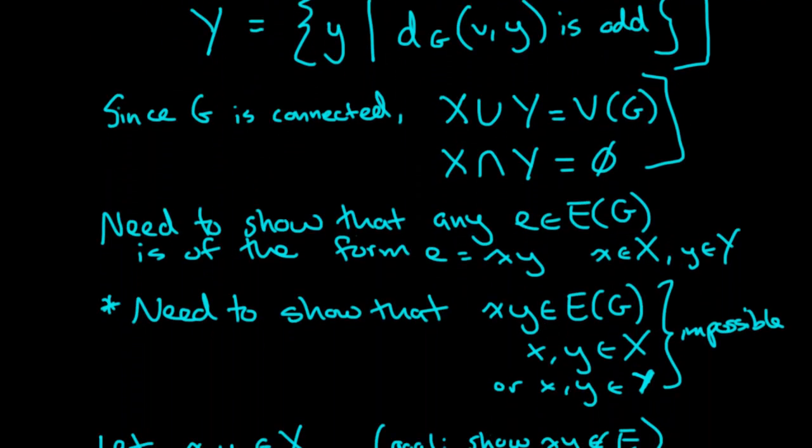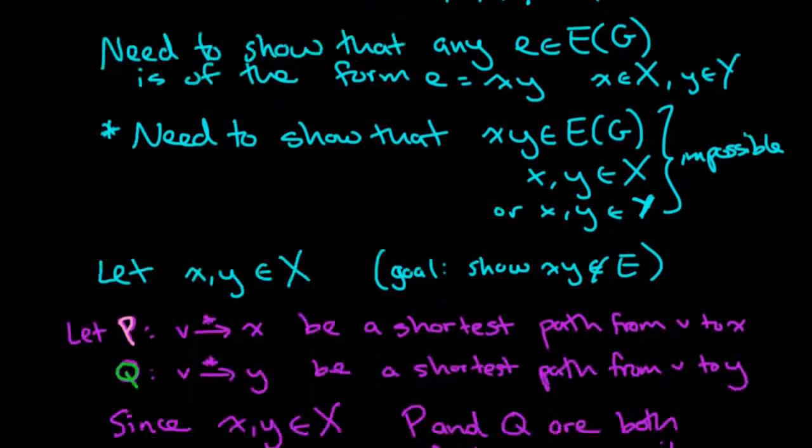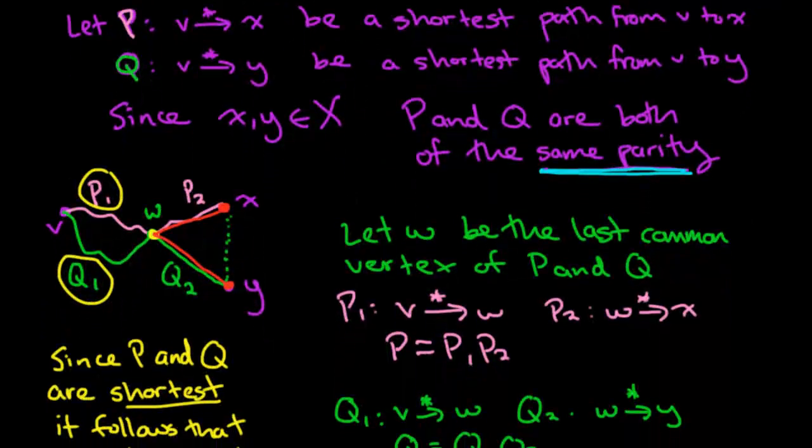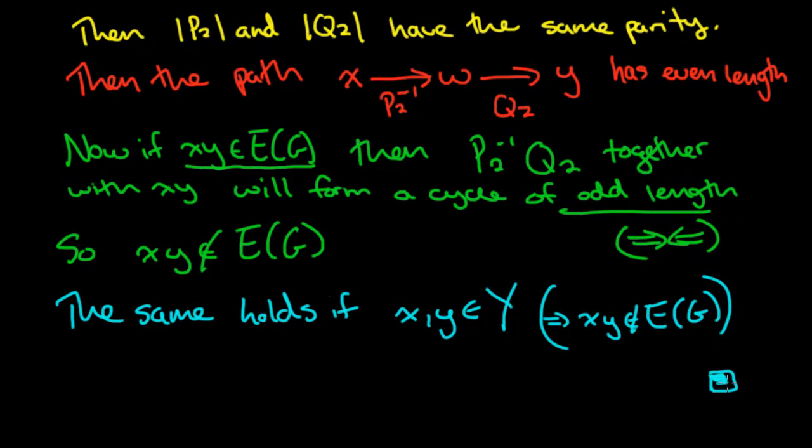And the more difficult condition, the fact that the only edges can go between X and Y, as partite sets, was a little bit harder to show, but we used the fact that all of the cycles had even length in order to show that part. So that's what we did down here. And thus, we conclude that a graph is bipartite if and only if it has no odd cycles.